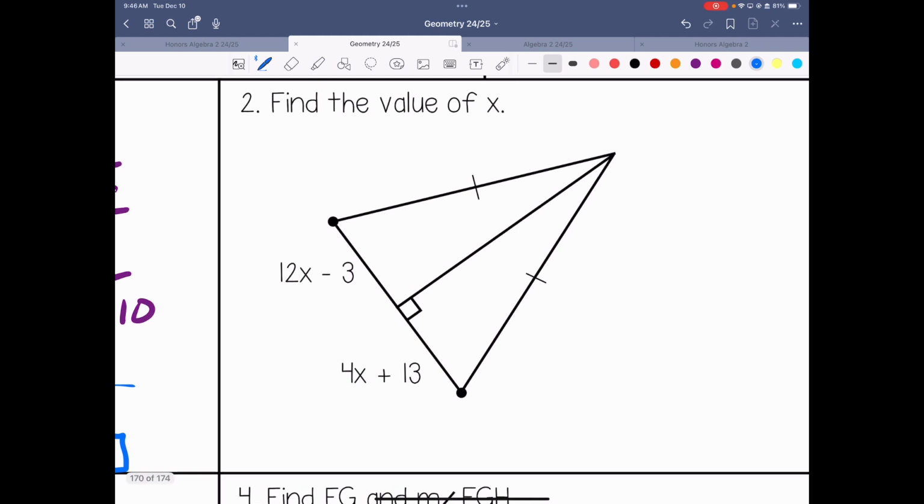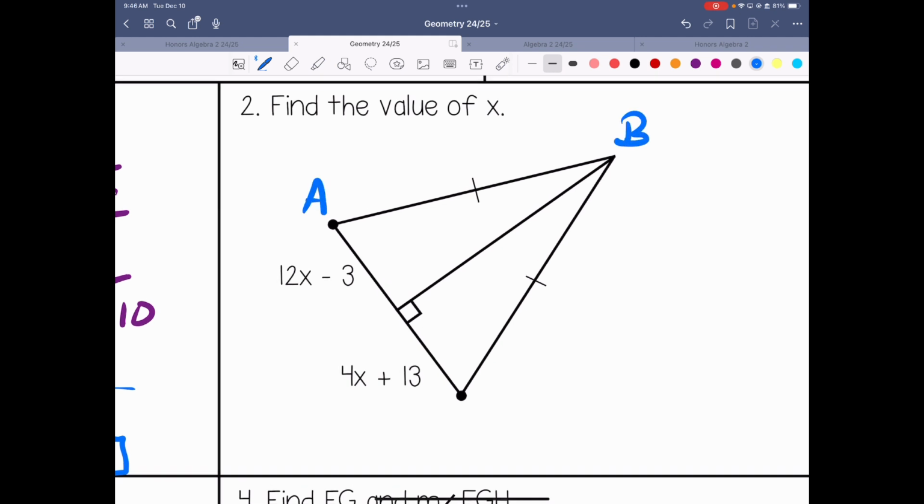So in this example, again, I'm going to go A, B, C, and D. It's telling us that AB is equal, because of our tick marks, to BC. We also have that BD is perpendicular to AC because of our 90-degree angle. If that happens, we've got a perpendicular bisector.